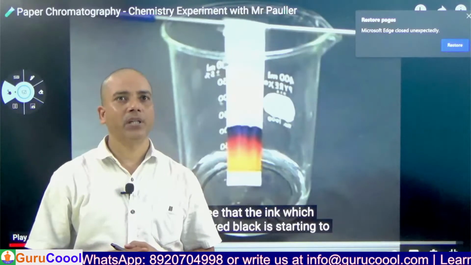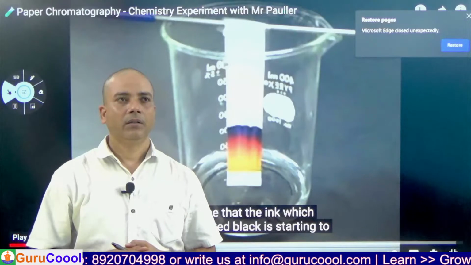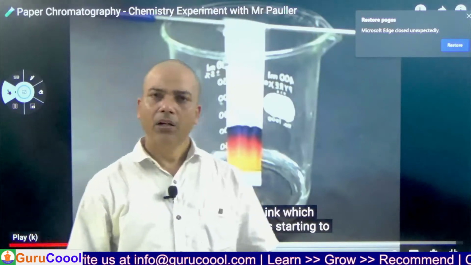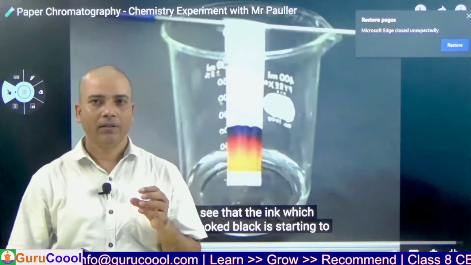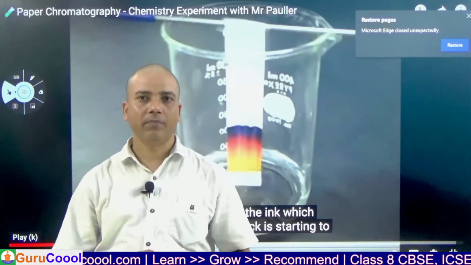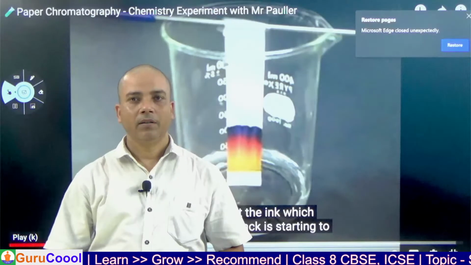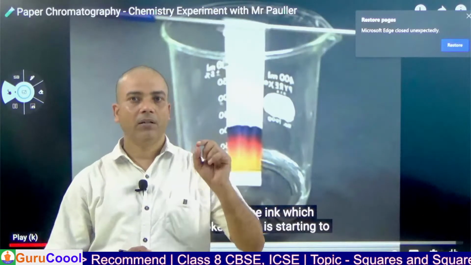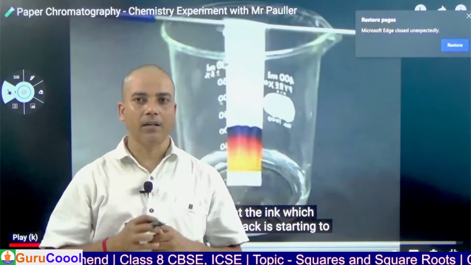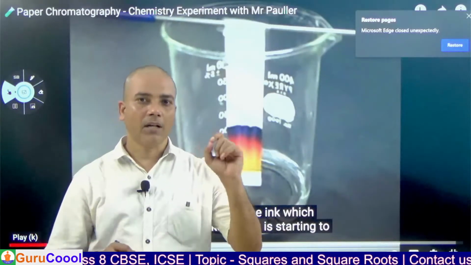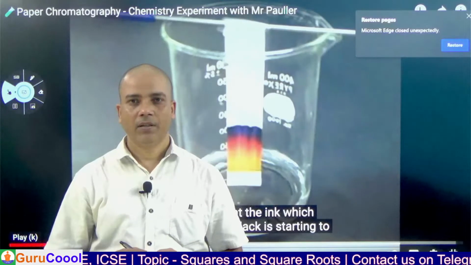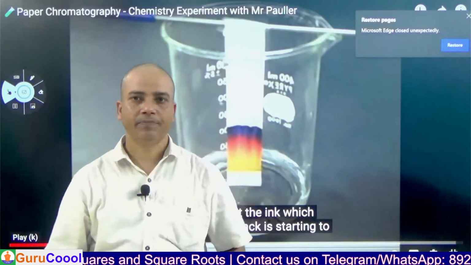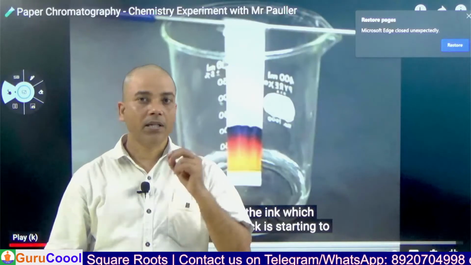You might have seen this, and if you have not, you can do this experiment. You might have colors for some projects given by school. If you have that color available, take red color and green color, dark green, dark red. Mix one drop of each together and see the result.